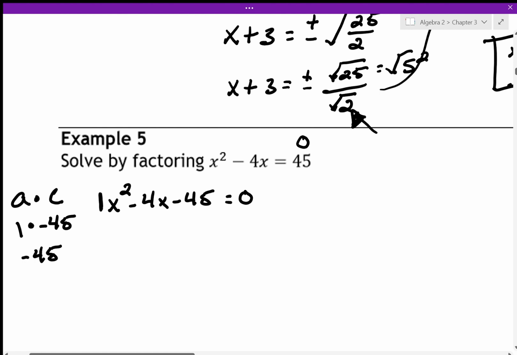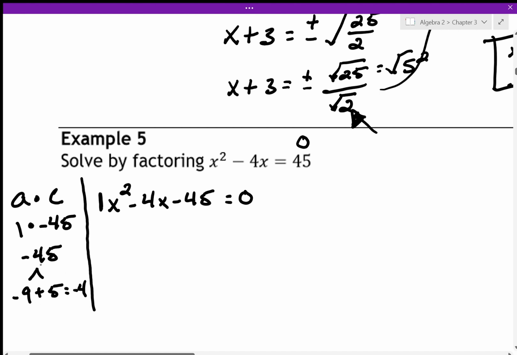And now we want two numbers that multiply to be negative 45 and add up to be B, negative 4. Those two numbers for this one are going to be negative 9 and positive 5, right? Negative 9 times 5 is negative 45. Negative 9 plus 5 is negative 4. Sometimes it takes a few tries to get those numbers.